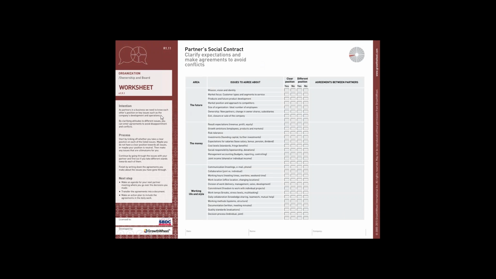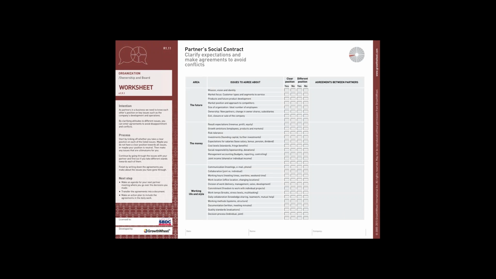If you're going to partner in business, you need to know each other's position on key issues, such as the company's development and operations. By clarifying different ways of thinking about the issues, you can also enter agreements and avoid disappointment and conflicts later. As I go through just reviewing these, think about ticking off which ones you take a clear position on in these issues.